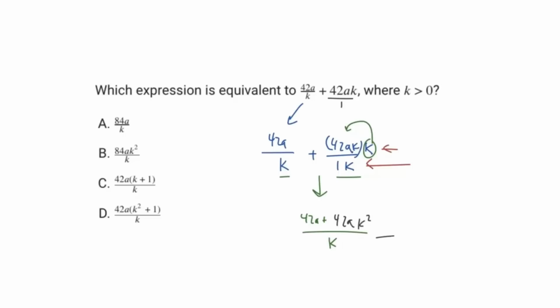All right, so now we need to factor out the greatest common value from the top. So that is going to be 42a, and 42a times 1 will give us this first value of 42a, and then plus k squared, which is going to give us, 42a times k squared will give us the second value, all over k.